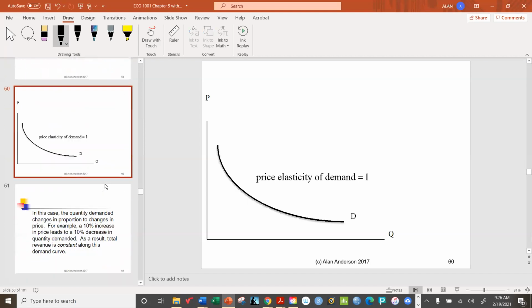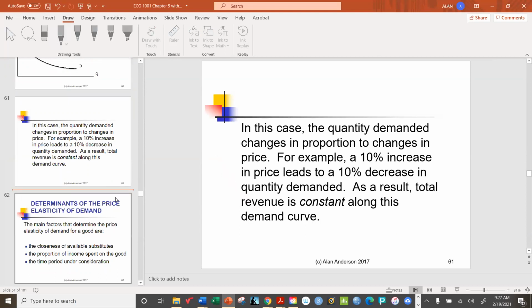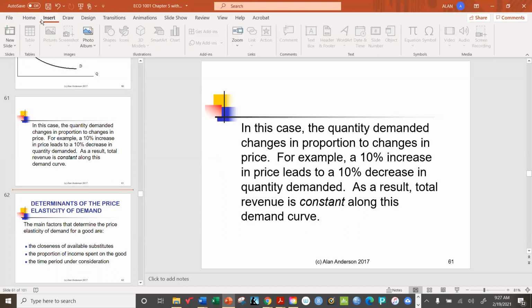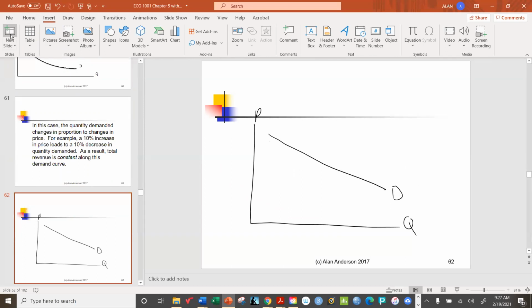Now, I also want to point out that even among the downward sloping demand curves, we can have variations. For example, let me show you 2 cases. Every demand curve that's downward sloping is not the same. In other words, let's look at these 2 demand curves.